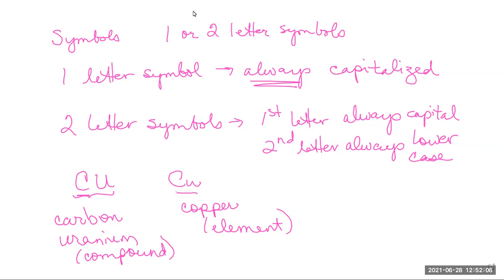Okay, and that you're going to have to memorize. But just be aware, even though most symbols start with the letters in the name, or they have the letters in the name, let's say.